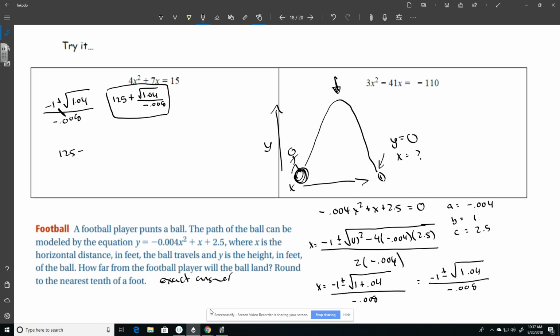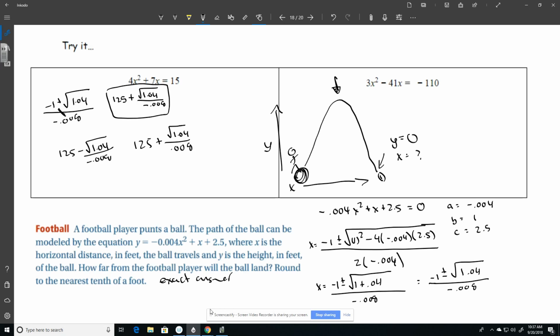And so I think, well, maybe we should be careful because we're minusing a negative. So maybe not. Maybe that's the one that we want, because I'm dividing this by negative 0.008. So that becomes 125 plus the square root of 104 divided by 0.008.